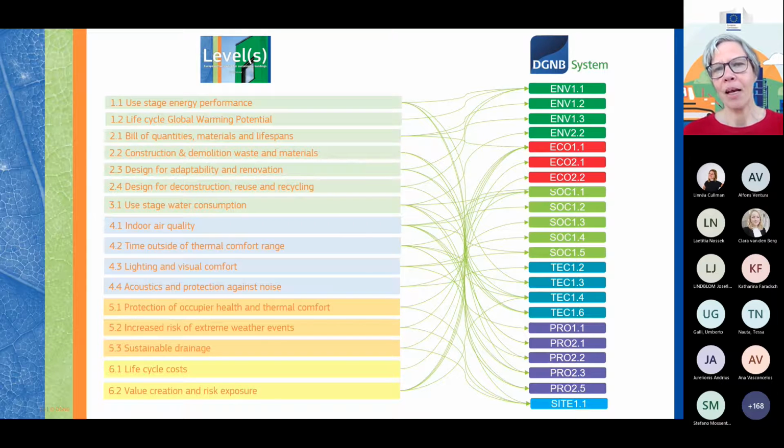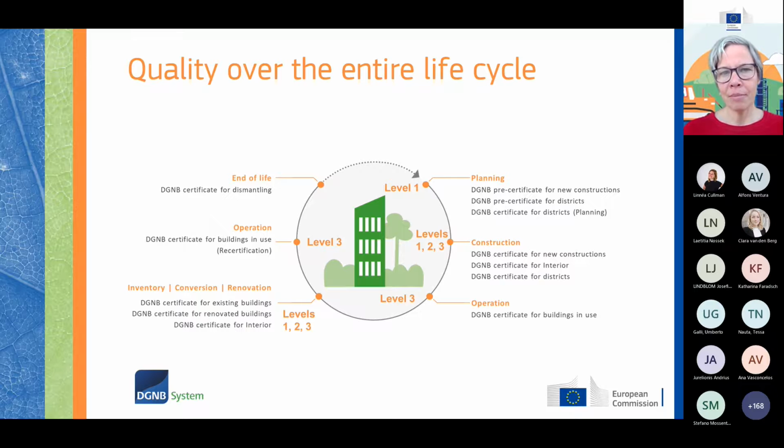The DGNB system can be applied throughout different stages of the life cycle of a building, from planning over construction, operation, renovation, again operation, and the end of life. So we had to integrate the level thinking that Josefina just presented to you into the different schemes as well.